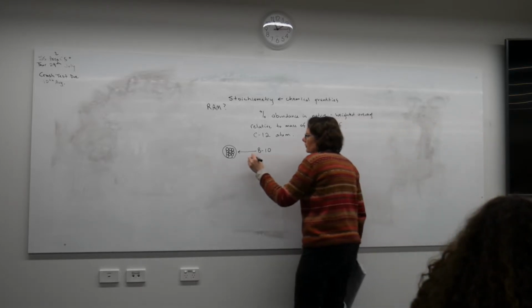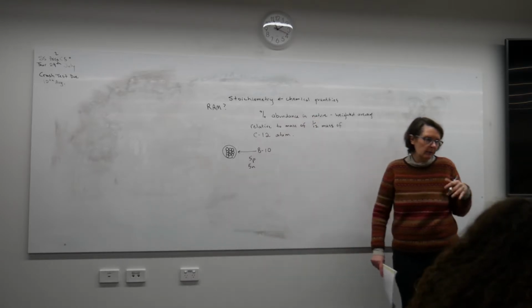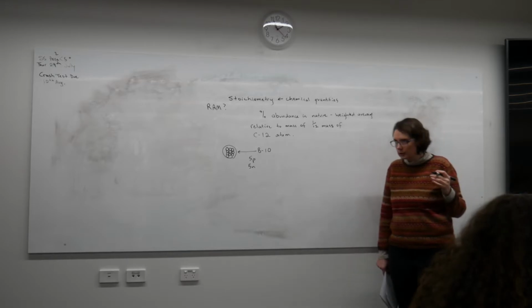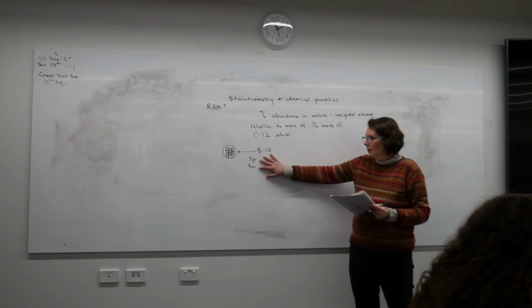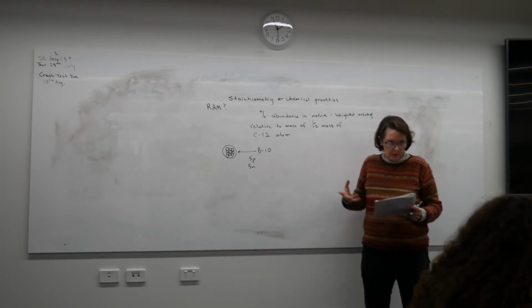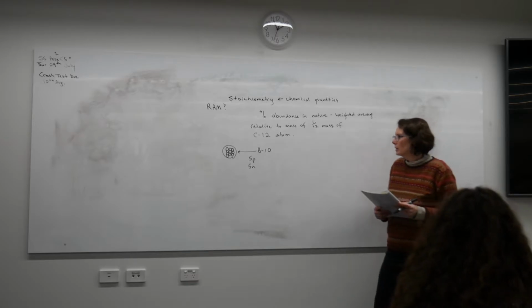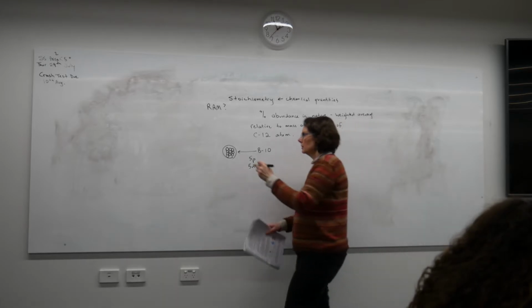So that would be 5 protons and 5 neutrons in the nucleus, add up to give me 10 of the particles in the nucleus. And it doesn't matter whether it's a proton or a neutron, the mass is essentially the same. So what would I call this? What do I call this particular one?